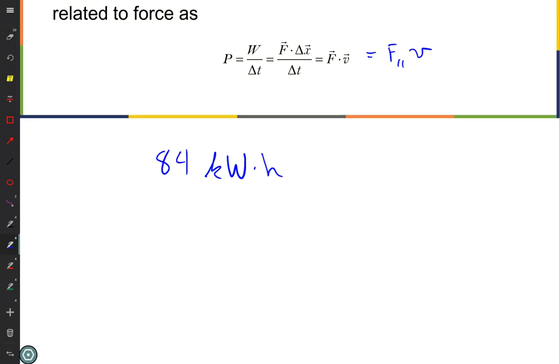What would kilowatt hour mean? What type of quantity is that? I didn't hear what you said, Colton. Sorry. That would be energy. It's energy because kilowatts are units of power, which is energy per time, and energy per time multiplied by time is energy.